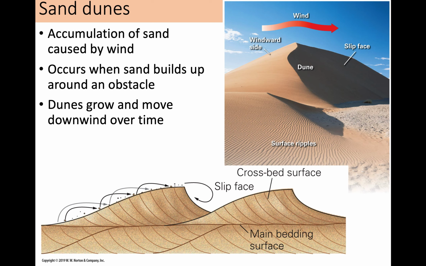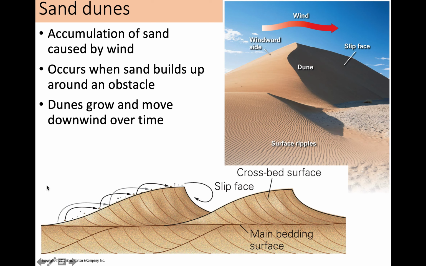The next feature are sand dunes. We talked about these a little bit when we talked about sedimentary rock, because sedimentary rock can actually form because of sand dunes. So we know a little bit about how sand dunes grow and how sand dunes move. The wind blows our sand particles up and up and up till the point where it is too steep and we find the slip face.